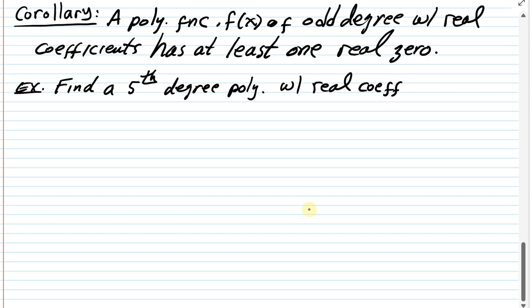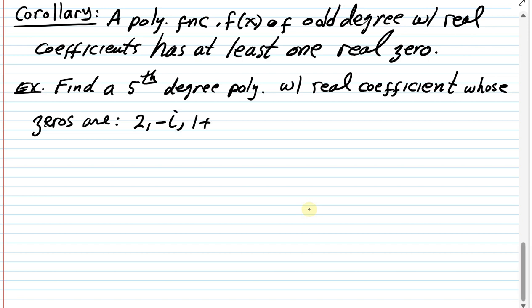In this course and in your calculus series, we usually do not work with complex polynomials. So they're all going to have real coefficients. So our focus is on real coefficients. So find a 5th degree polynomial with real coefficients whose zeros are 2, negative i, and 1 plus i.